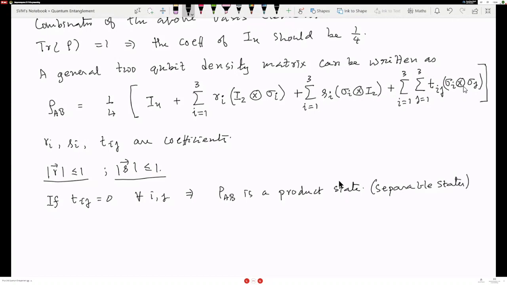So if you want to have an entanglement, then the entanglement actually lies in this last term. So if you have entanglement, then at least some of these Tij have to be non-zero.